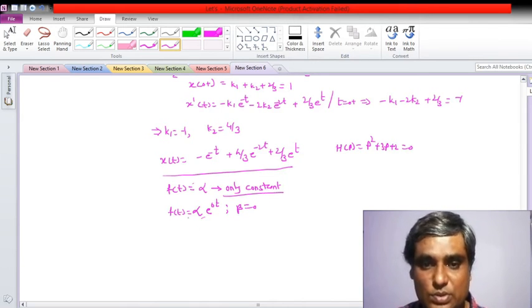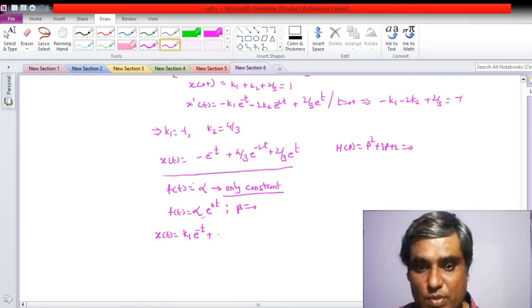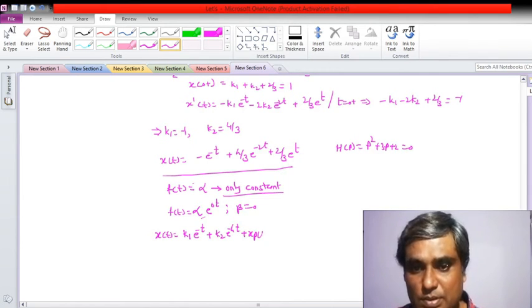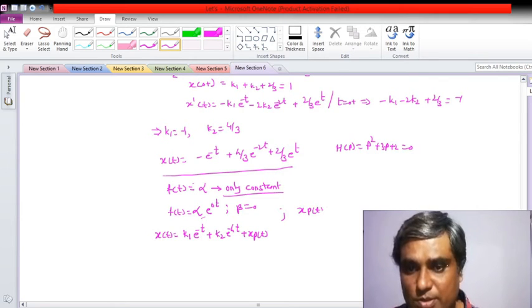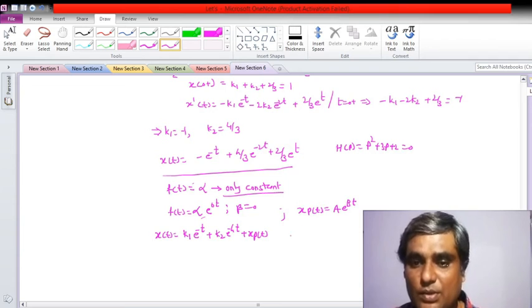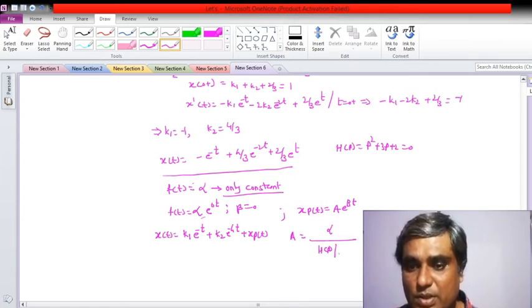Now let us find the total solution x of t. The complementary solution we already got: k1 e raised to minus t plus k2 e raised to minus 4t, and I have to write xp of t. My particular solution xp of t will be a e raised to beta t, where a is alpha divided by the characteristic equation evaluated at beta.